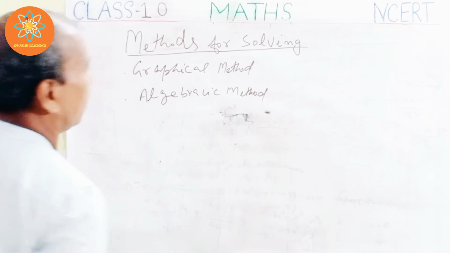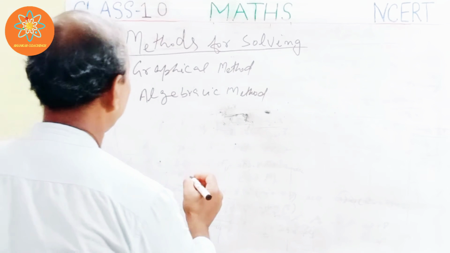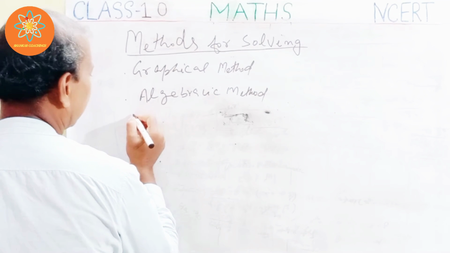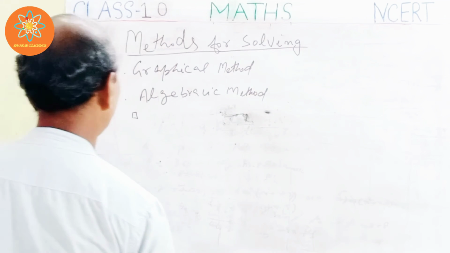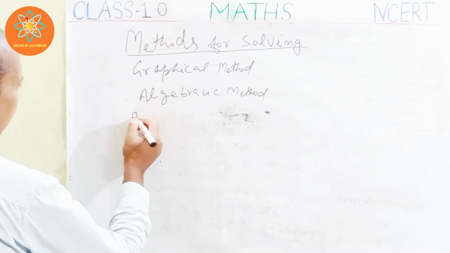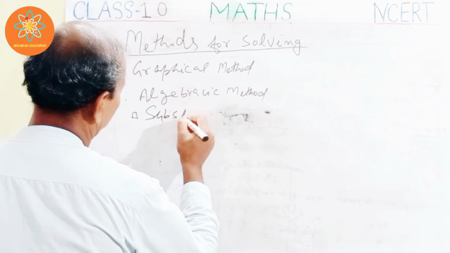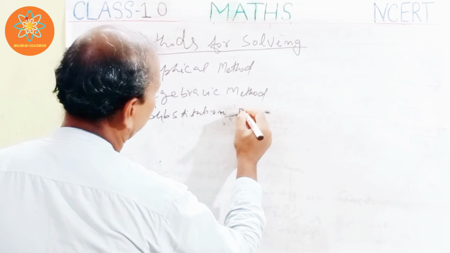In the algebraic method, there are again three methods. The first one is the substitution method.